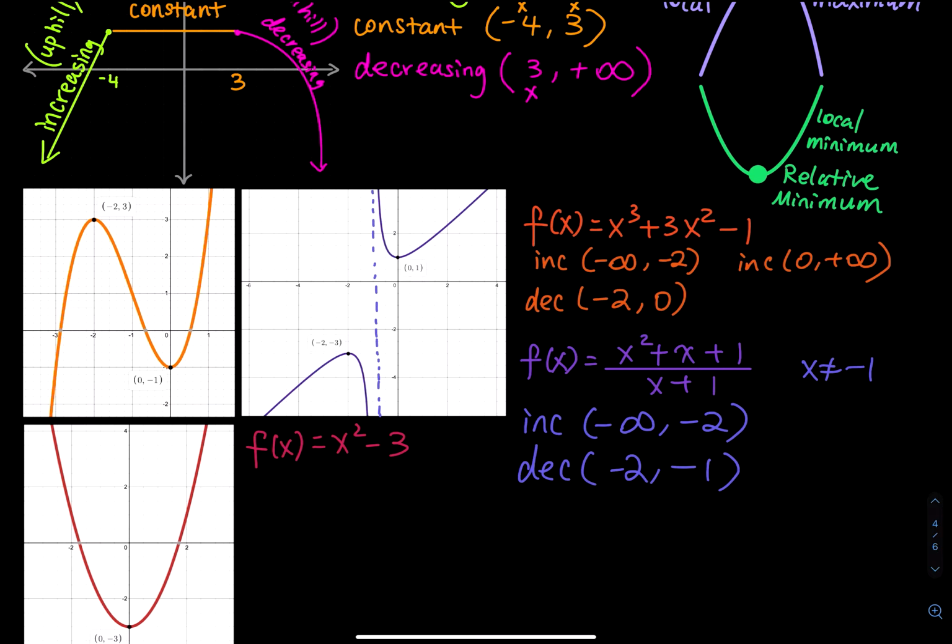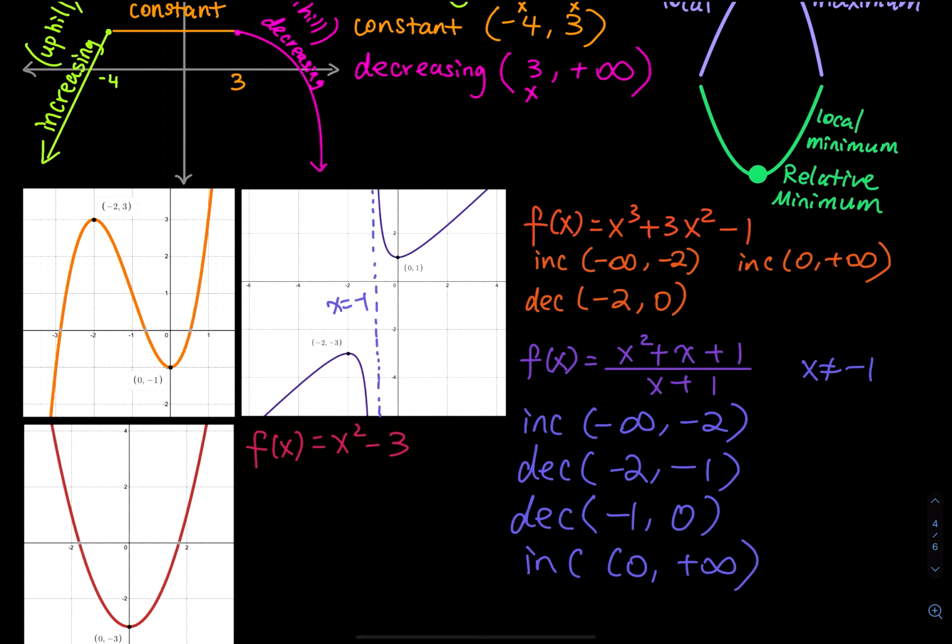So this is x equals negative 1. Because the curve, do you see this piece? The curve is approaching x equals negative 1. And then we have another decreasing from negative 1 all the way to 0. And then we go back up, increasing, from 0 all the way to positive infinity.